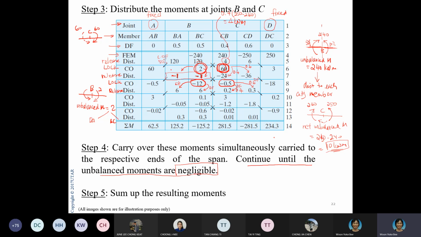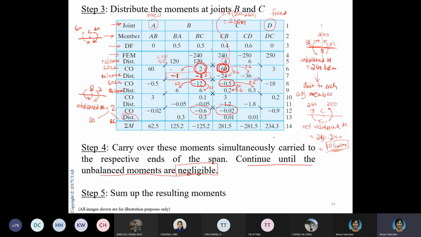Now, how negligible is negligible? If you look at your moments from the very beginning, it's 240, in hundreds, so you can actually do 3 or 4 times. Look at this unbalanced moment under the distribution line: it is 0.6, 0.02.